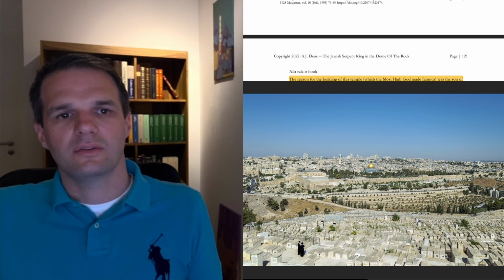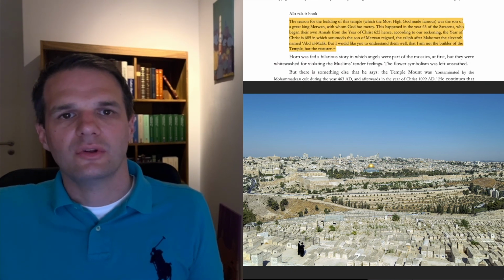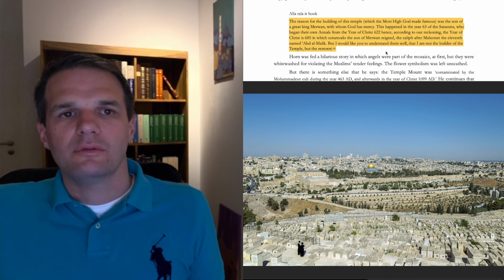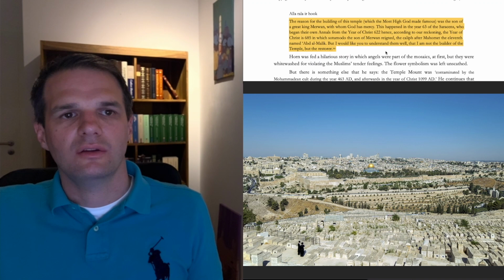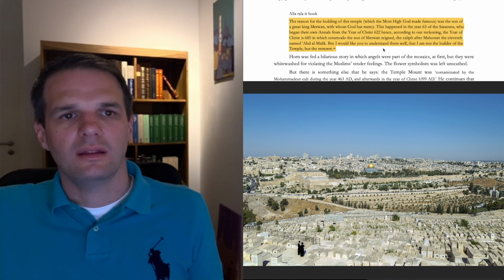So here is the translation. In fact, the translation is only the first sentence, and then the rest is also from the book. The reason for the building of this temple, which the Most High God made famous, was the son of a great King Merwan, with whom God has mercy. This happened in the year 63 of the Saracens, who began their own annals from the year of Christ 622.